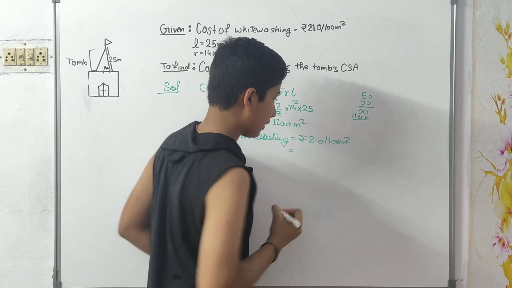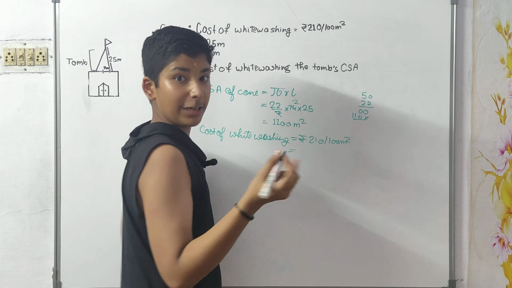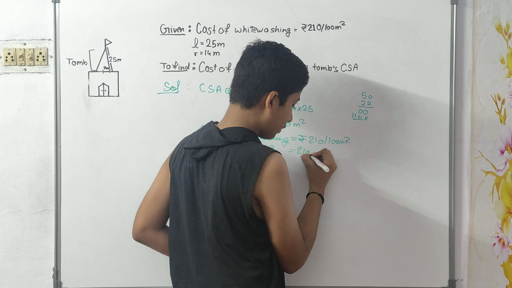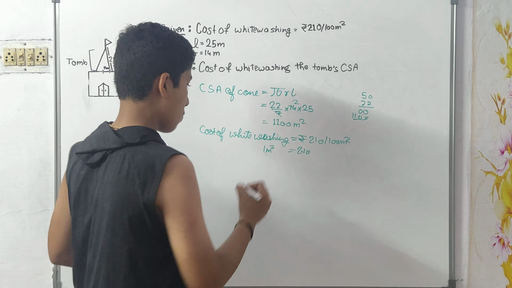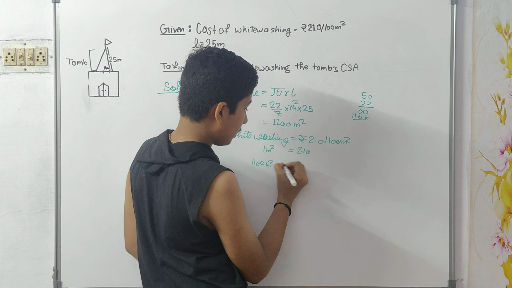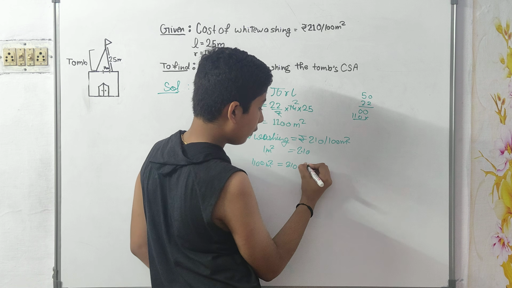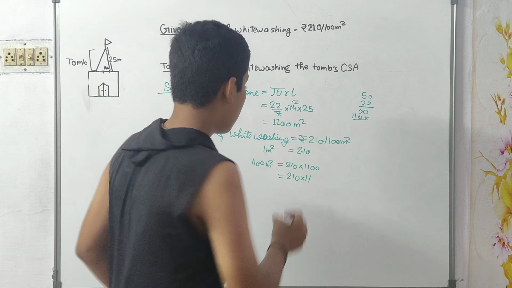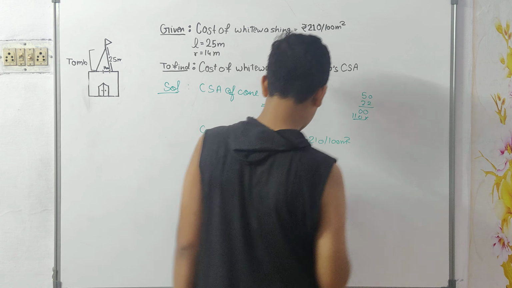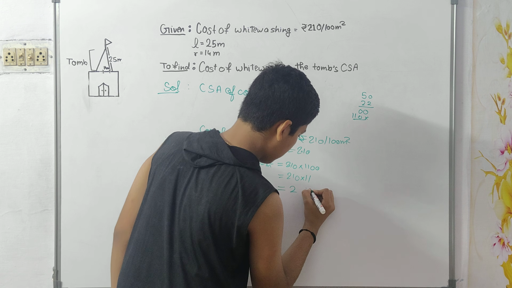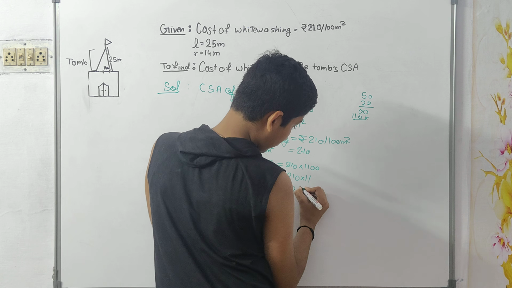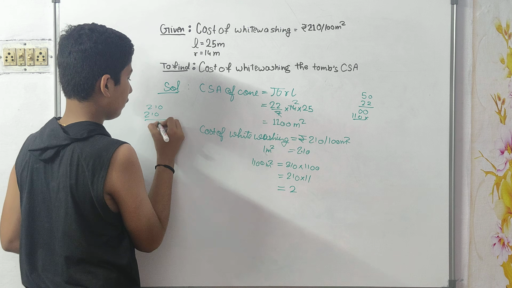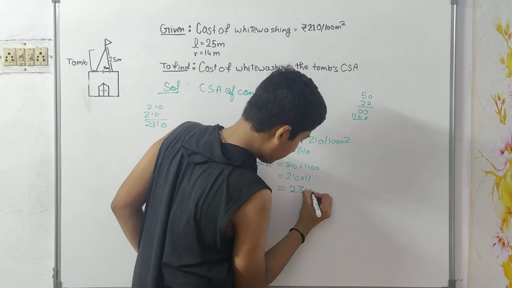So for 1 meter square, 1 meter square equals 210 divided by 100, which is 2.10 rupees. 1100 meter square equals 2.10 into 1100, which is 210 into 11, which is 2310.